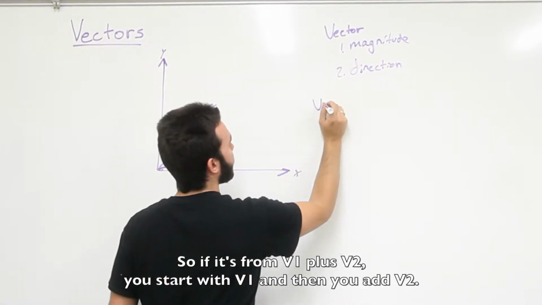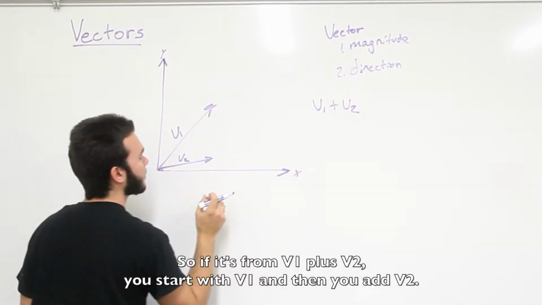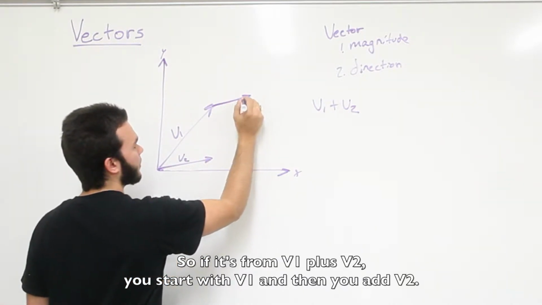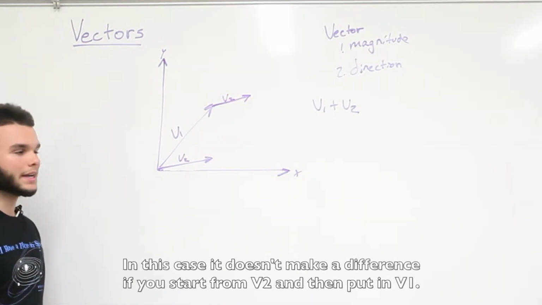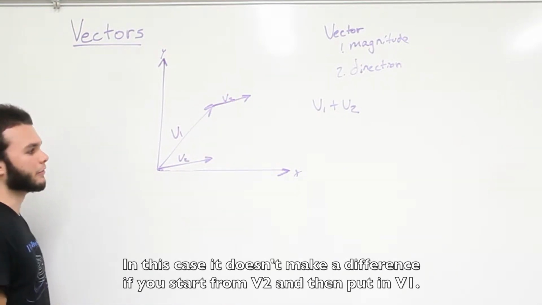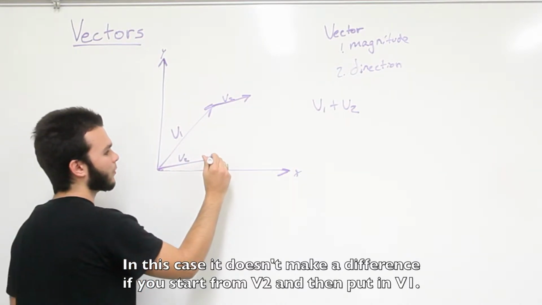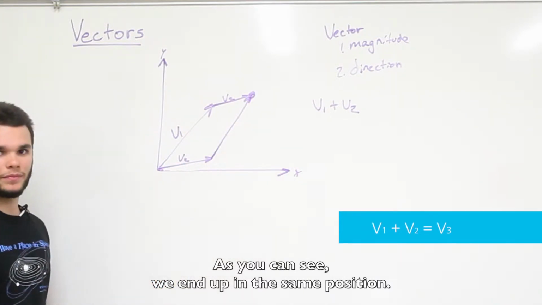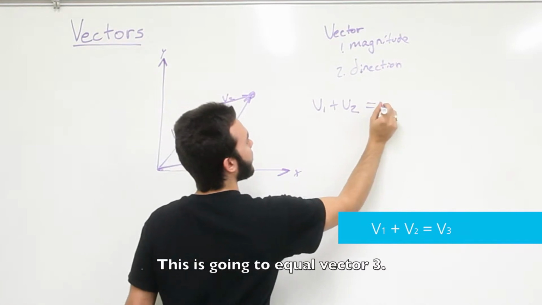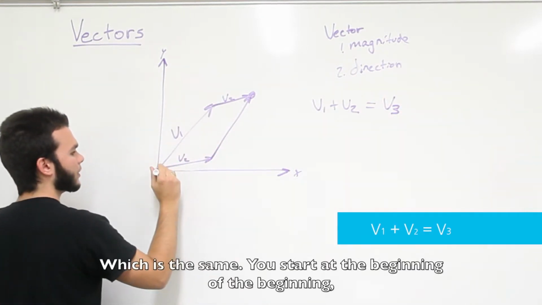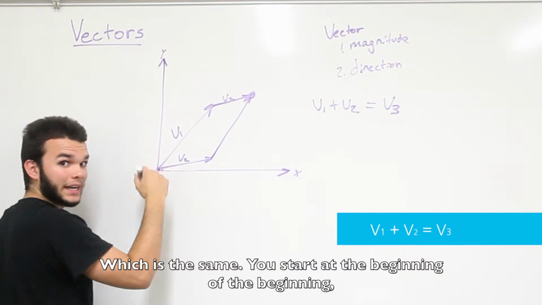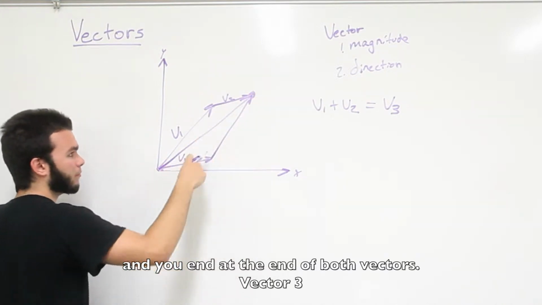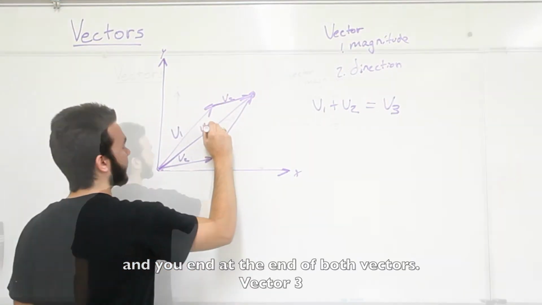So if it's v1 plus v2, you start with v1 and then you add v2. In this case, it doesn't make a difference if you start from v2 and then put in v1. As you can see, we end up in the same position. This is going to equal vector 3. You start at the beginning of the first, and you end at the end of both vectors, vector 3.